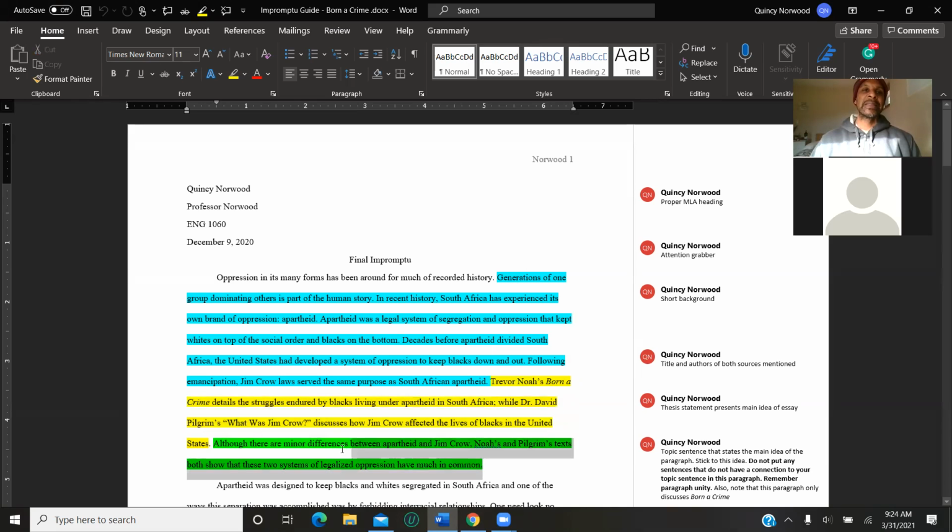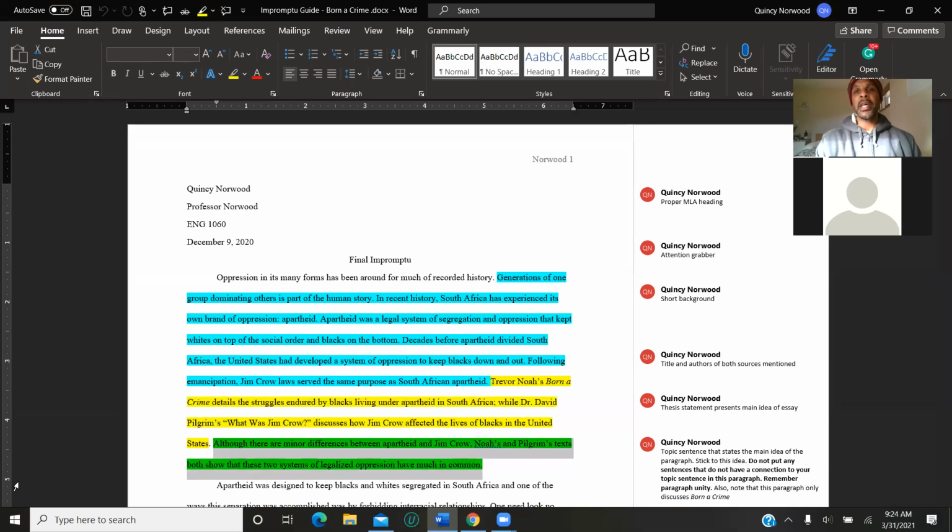And now, for your thesis statement, do not say there are many similarities and differences between Jim Crow America and apartheid South Africa. Don't say many similarities and differences.